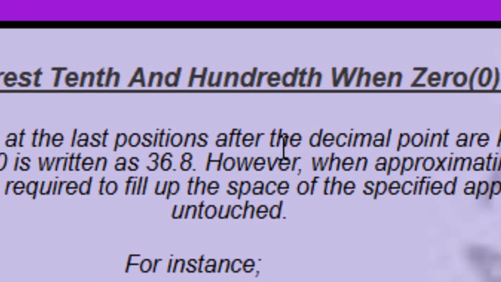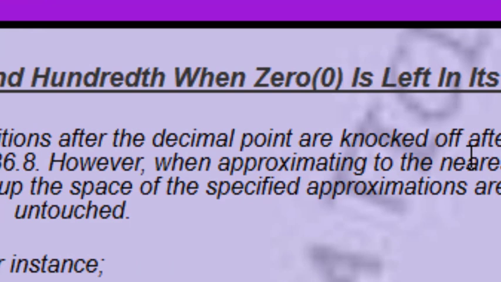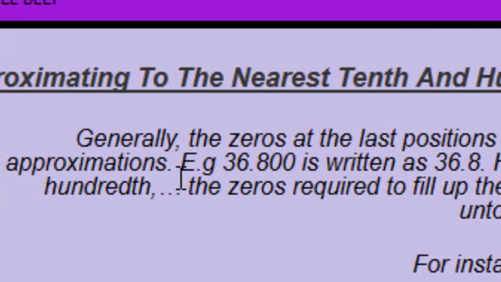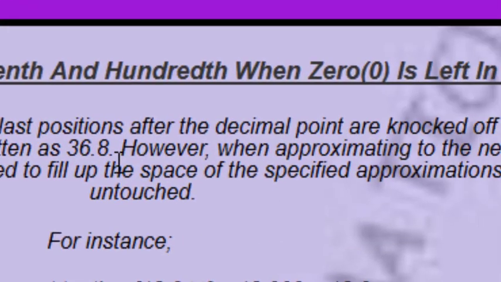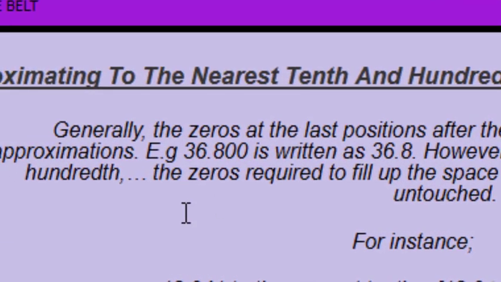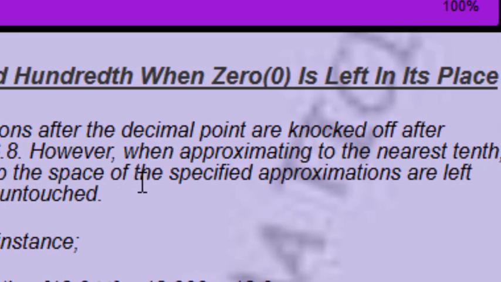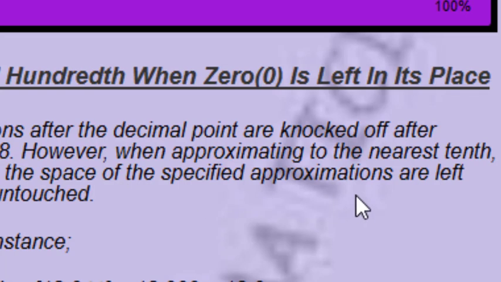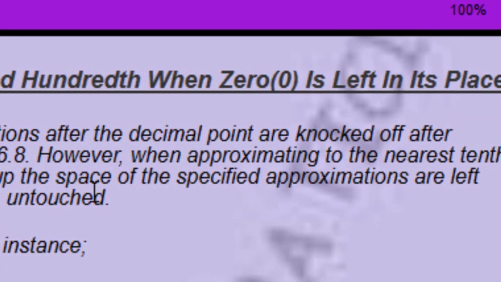Generally, the zeros at the last position after the decimal point are knocked off after approximations, e.g. 36.800 is written as 36.8. However, when approximating to the nearest 10th, 100th, the zeros required to fill up the space of the specified approximations are left untouched. That's just it.